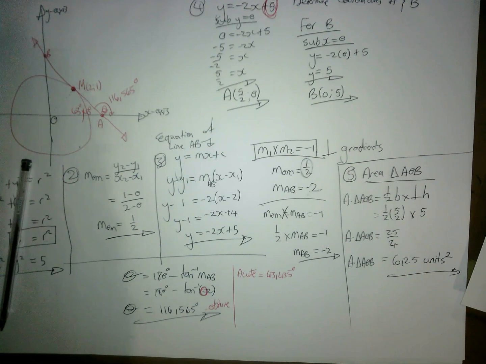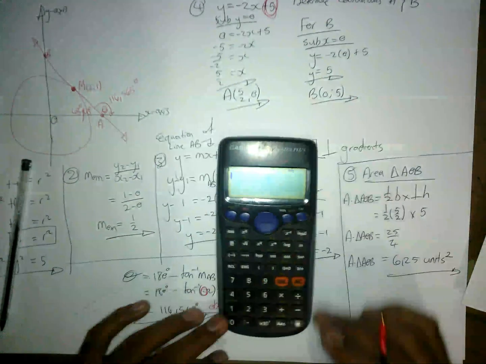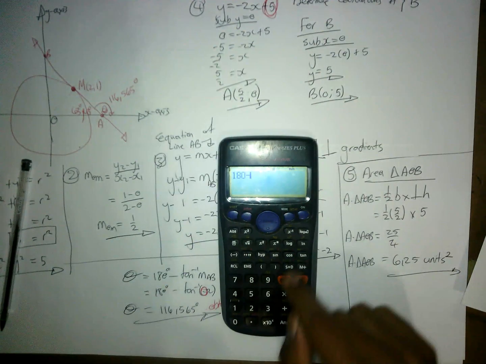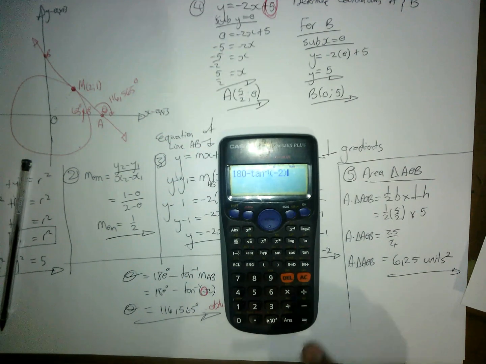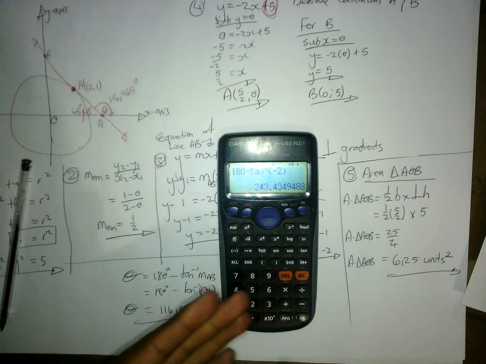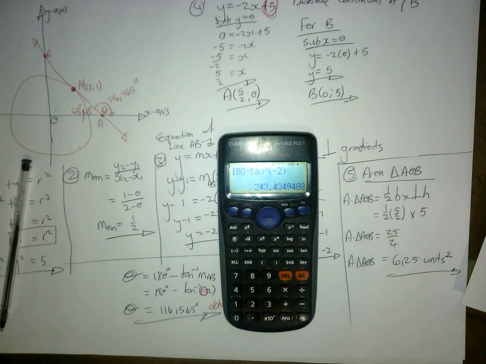But if you put negative 2 in the calculator as it is, look what you get. You get this big number, and we know it has to be within 180 degrees, so it can't be this.